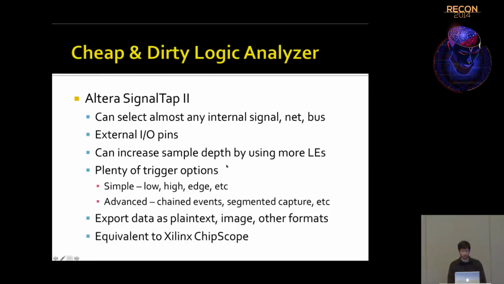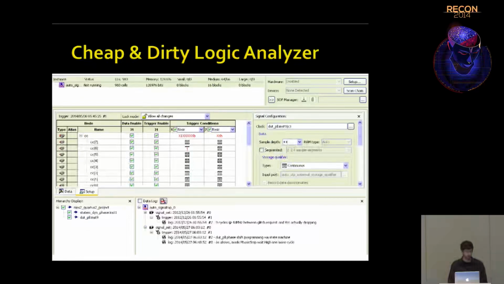You can increase the sample depth, how much you want to store, by using more logic elements or Xilinx slices. You've got plenty of trigger options, simple and advanced. You can export the data as plain text, as an image, or as other binary waveform formats, and it's equivalent to Xilinx ChipScope, but I'm not really a Xilinx specialist, so I don't know the exact comparison.